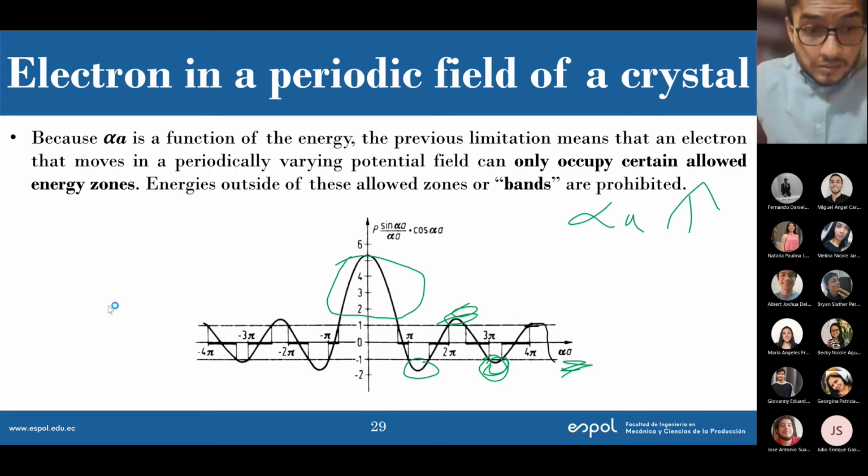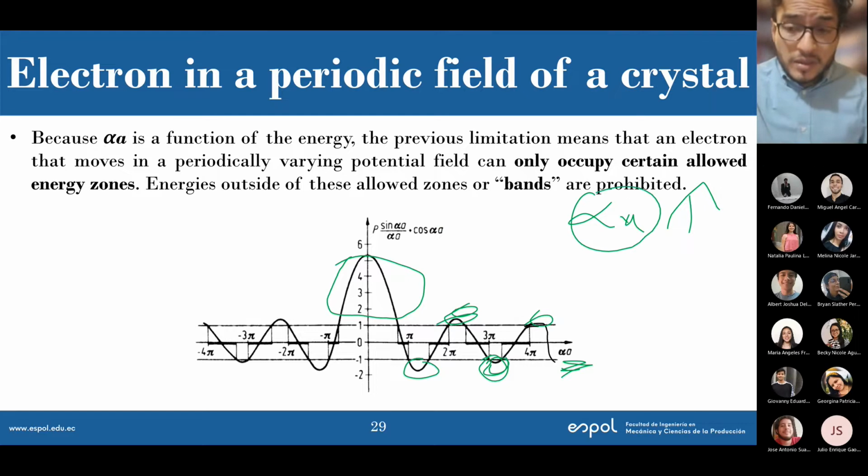But this now becomes narrower and narrower. So as I increase alpha A, the size of the forbidden bands becomes narrower and narrower, and you can definitely see that.